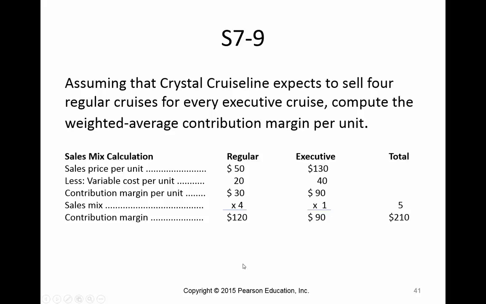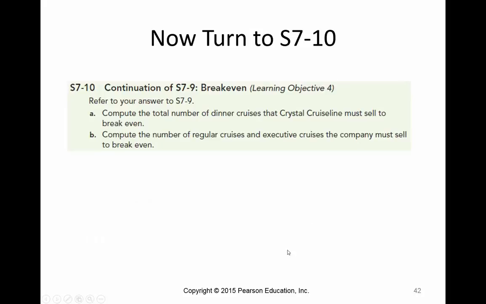Now to get our total contribution margin weighted average, we're going to take the total, the 210, and divide it by the total number of units, the 5, to get our weighted average contribution margin per unit, $42.